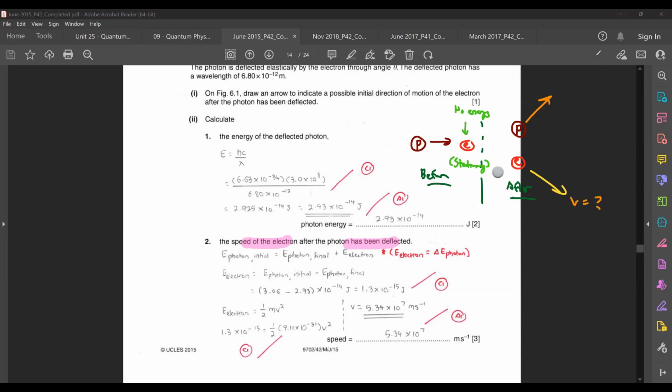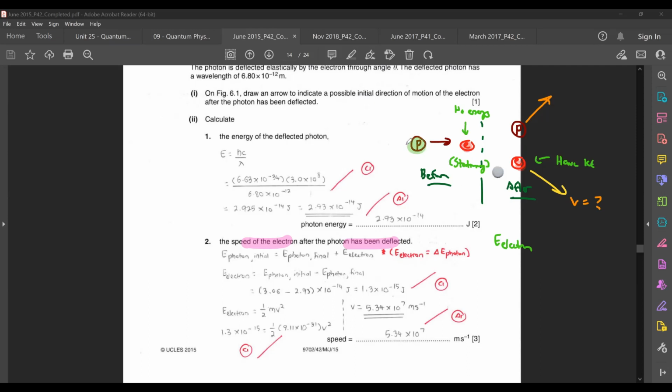So for your electron here now, you actually have kinetic energy. If you're talking about your electron energy now, as I mentioned to you just now in detail, your electron energy actually came from your photon energy in the first place.